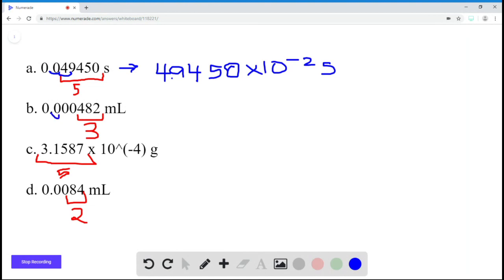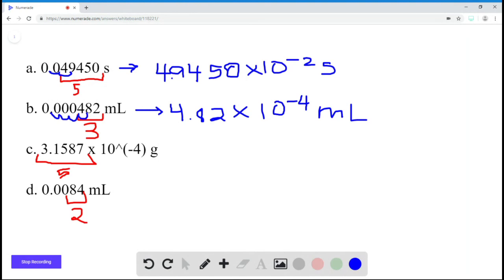If we move this 1, 2, 3, 4 to the right, and we convert this to scientific notation, it's 4.82 times 10 to the negative 4 milliliters. This value is already in scientific notation.